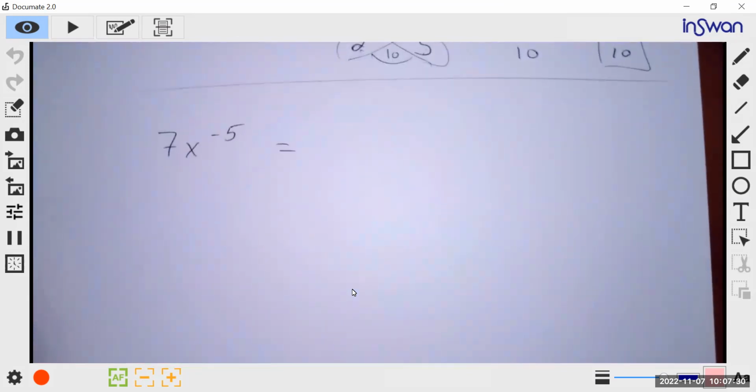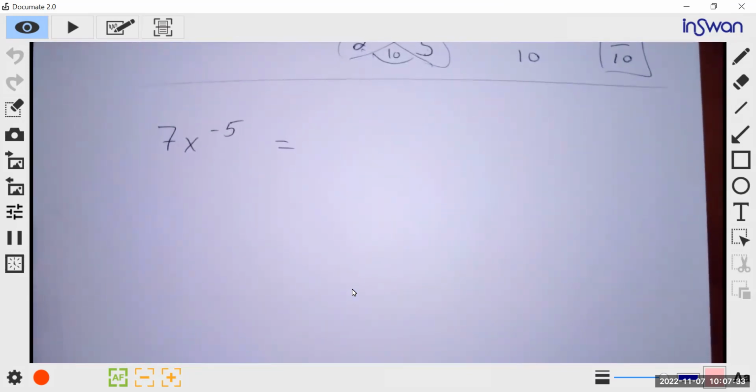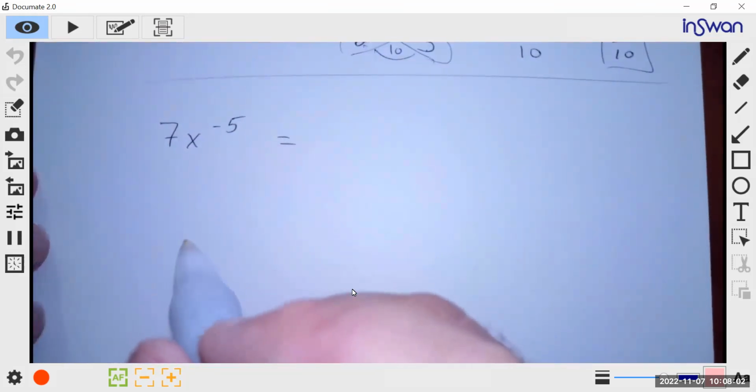How would you write that equation? Nope.